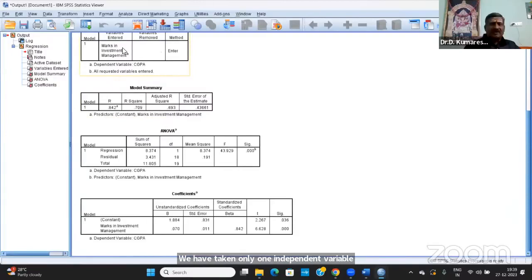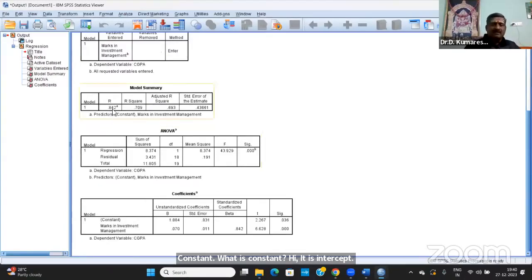The independent variables are called predictors. Apart from the independent variable, one more predictor is given, constant. What is constant? I said it is the intercept.